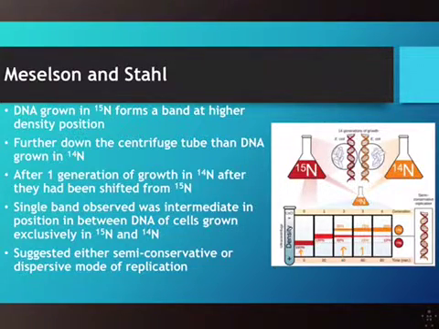After it was allowed to produce another generation, 75% of the DNA had N14 in it and only 25% had the N15 in it. So this suggested that either semi-conservative or dispersive mode of replication was occurring. So it ruled out that fully conservative method in the beginning.